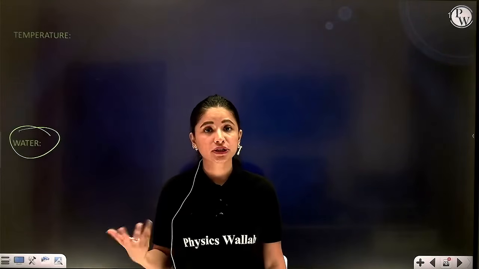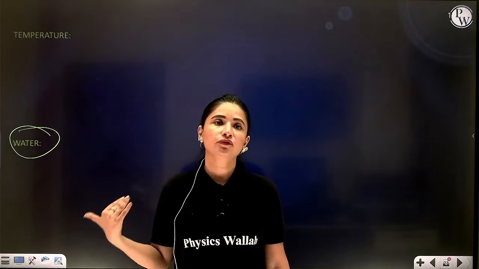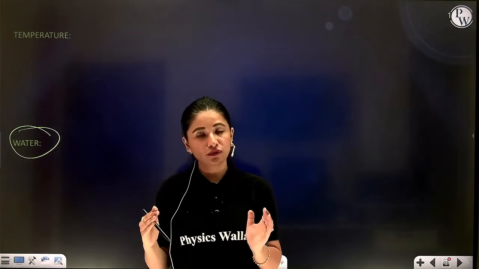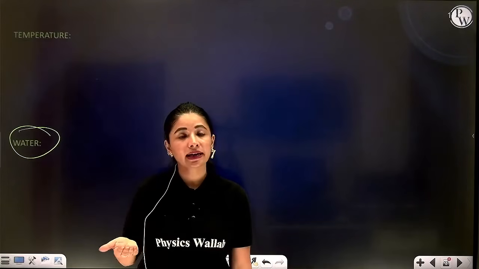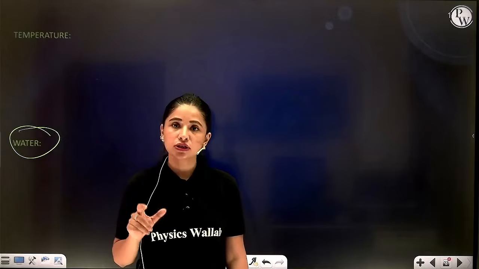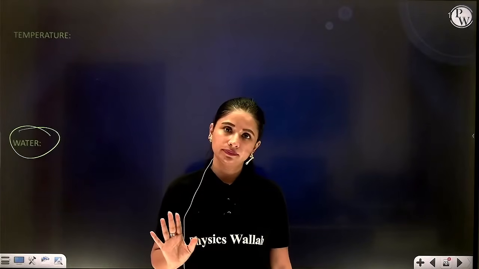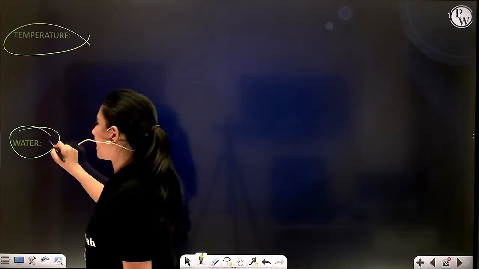Very high temperature will denature the protein and negatively affect photosynthesis. So an optimum temperature range is there for C3 and C4. For C4, that optimum range is slightly higher because they can tolerate high light intensities. And for C3, that optimum temperature range is slightly lower. Clear? So this much you have to do for temperature and water.